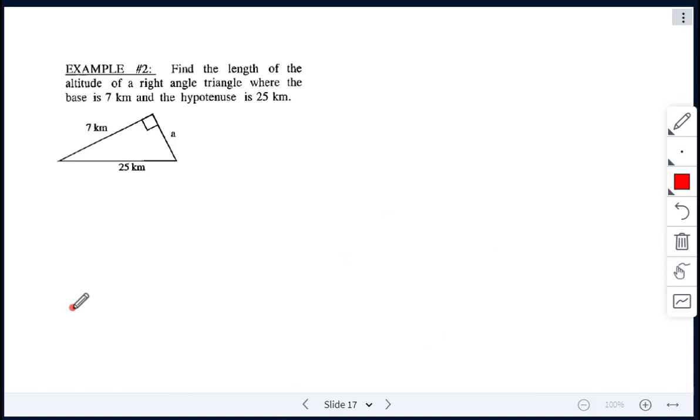All right, so to solve for this one, we have to find the length of the altitude of a right-angled triangle where the base is 7 kilometers and the hypotenuse is 25 kilometers. So we need to solve for A. Our formula is A squared plus B squared equals C squared. If we're solving for A squared, that means we're subtracting the B squared on both sides.